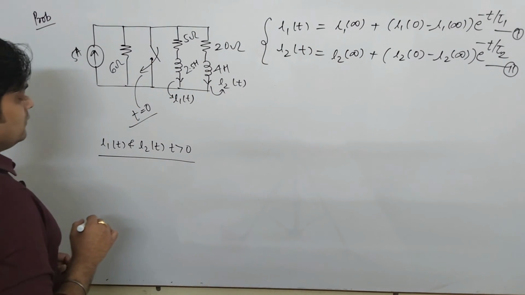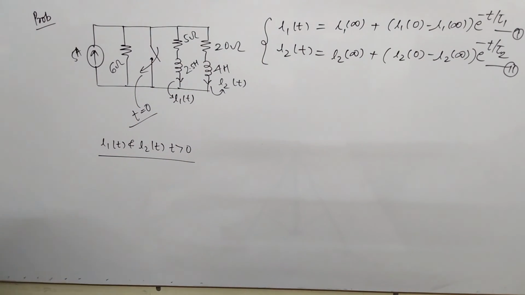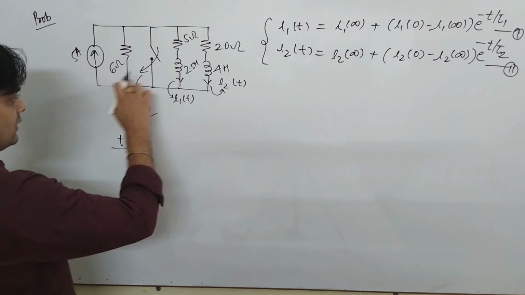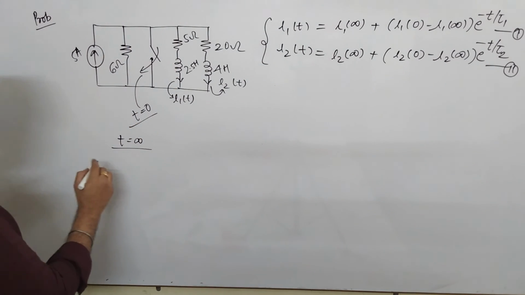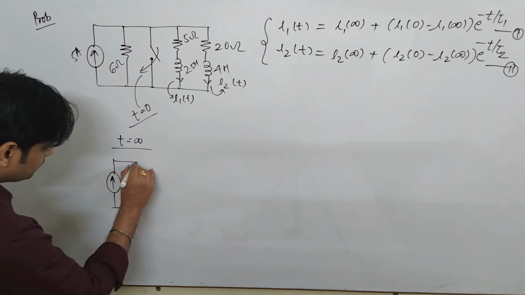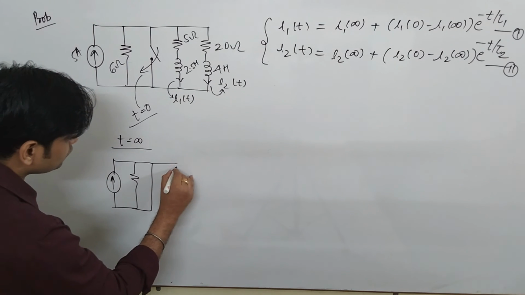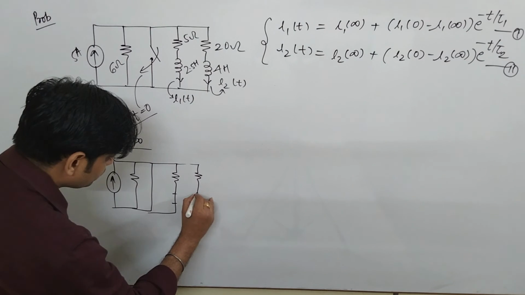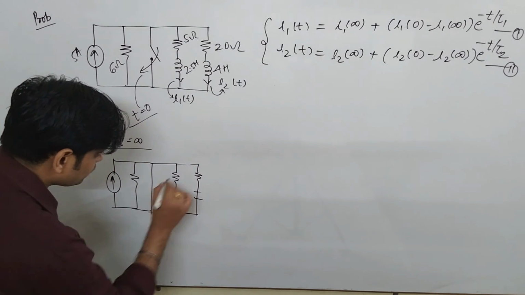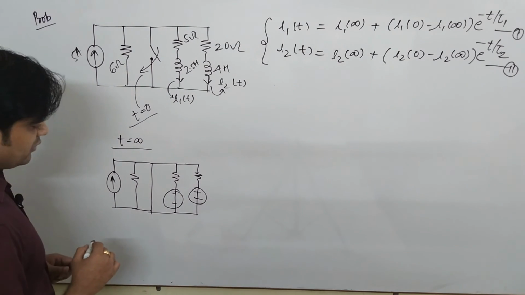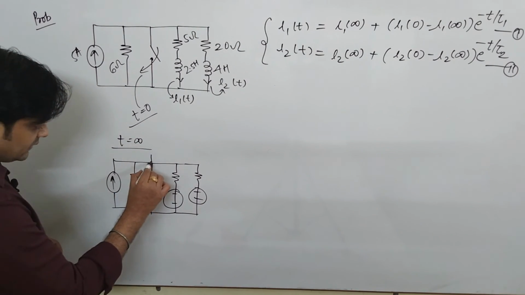If you see this circuit at t equal to infinite, the switch is going to be closed, and once the switch is closed, your circuit is in this form. Now these two inductors get short circuited at t equal to infinite, as we know, and this is your short circuit branch.